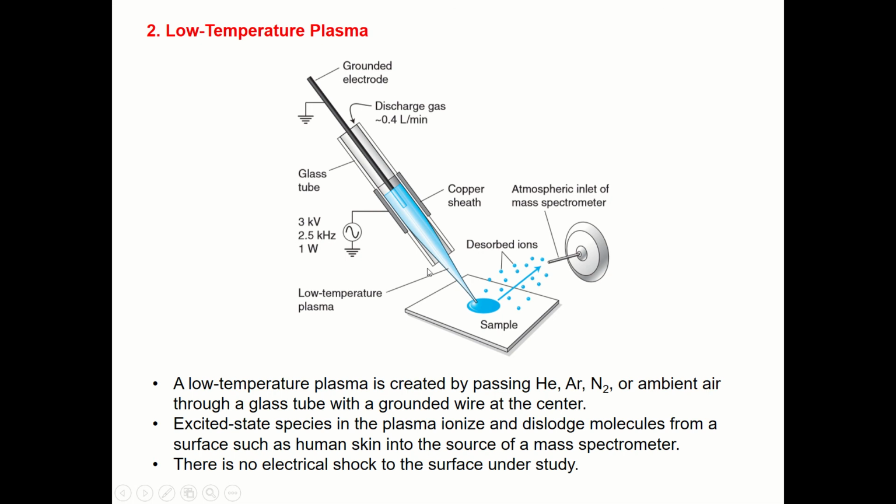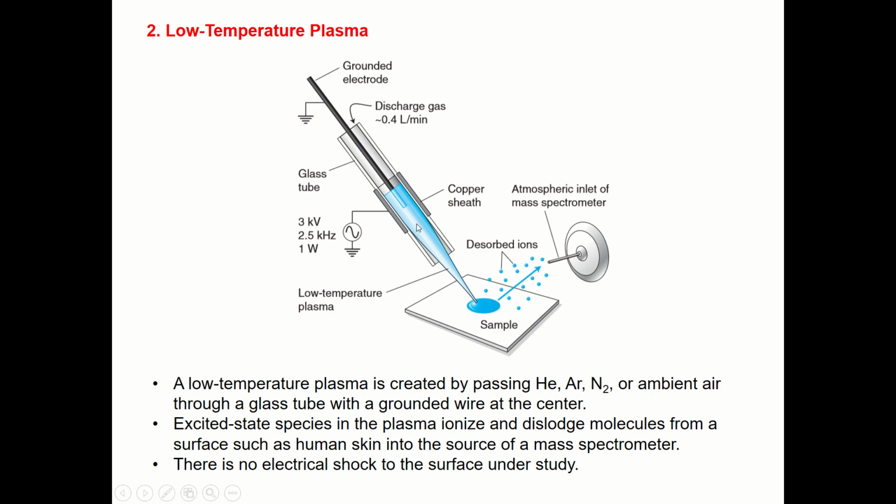Okay, and around this tube there is a copper sheet. And 3 kilovolts of AC alternating voltage is applied here.